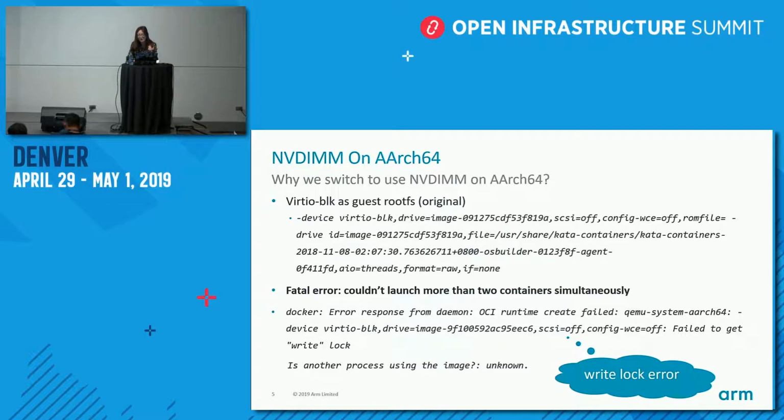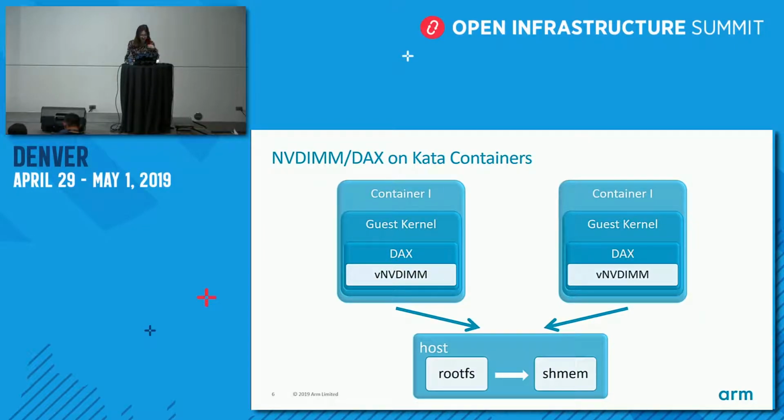So we are kind of forced to use NVDIMM on ARM64. This is the basic design of NVDIMM DAX on Kata containers. Kata containers use the QEMU NVDIMM feature to provide a virtual, memory-mapped device that can map the guest root file system into the guest memory address space.